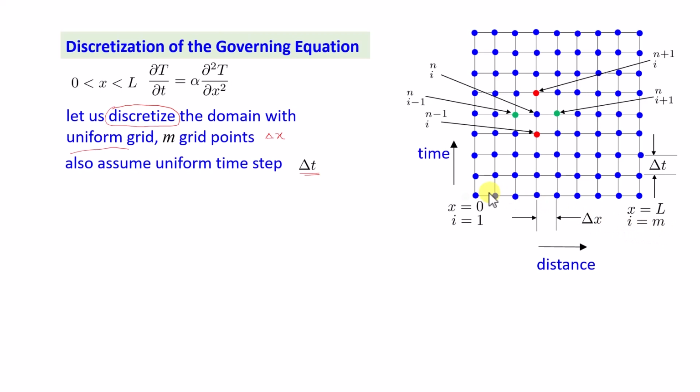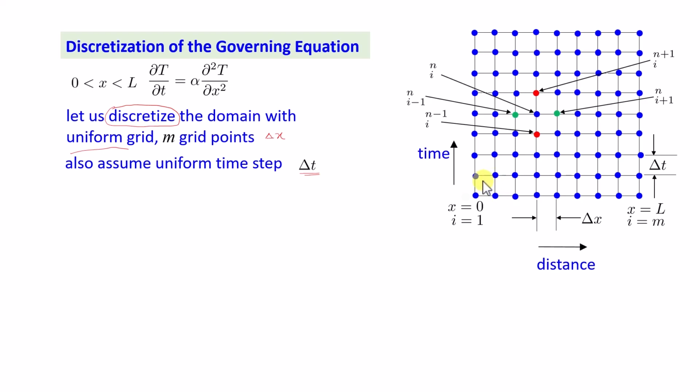Now as time progresses, I want to show the result of what happens at these discrete points. Therefore I have also put discrete points delta t apart in the vertical direction here, that is the time direction. So at any point you see here, it has a space dimension and a time dimension.